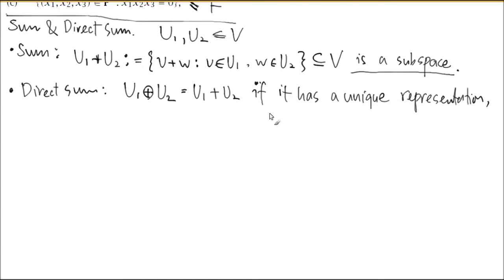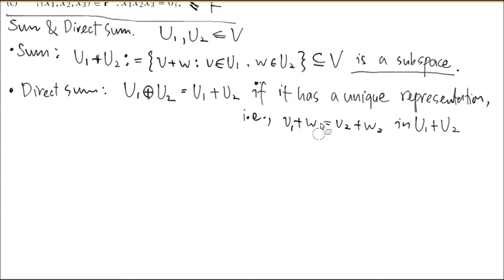Let me try to sum up in words, but here's a mathematical formulation. Okay, if v plus w, v1 plus w1, and v2 plus w2 are in U1 plus U2, where v1 comes from U1, maybe this is not confusing.